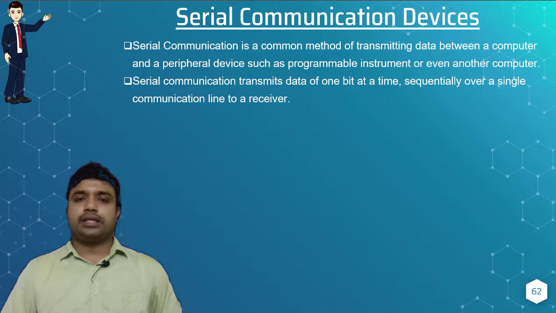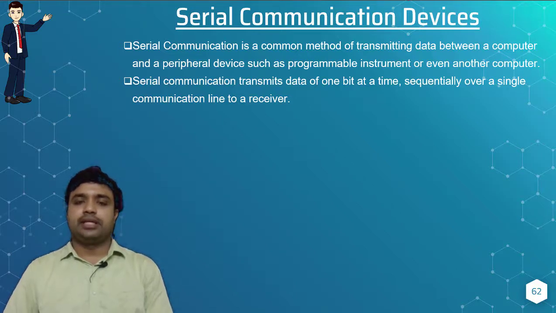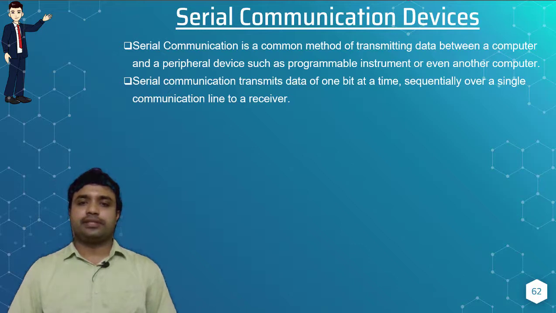Serial communication transmits data one bit at a time, sequentially, over a single communication line to a receiver. That means the path between a transmitter and a receiver for serial data is a single line.